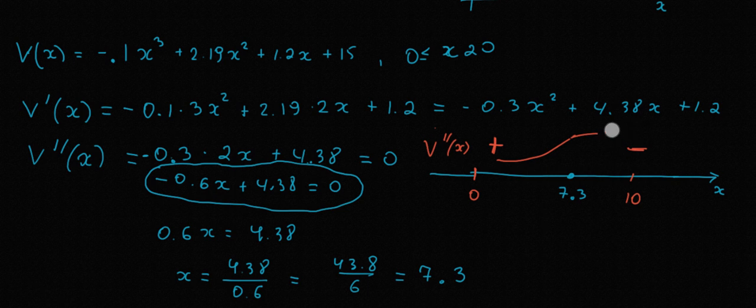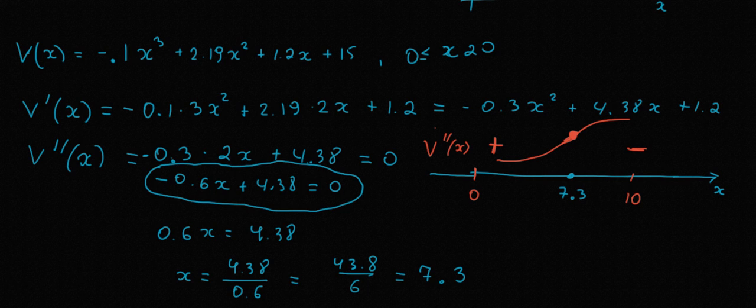Let me emphasize this a little bit more. The fact that the function is increasing is easy to confirm. Simply plug in the value x equals 7.3 into the first derivative and see that it is a positive value.